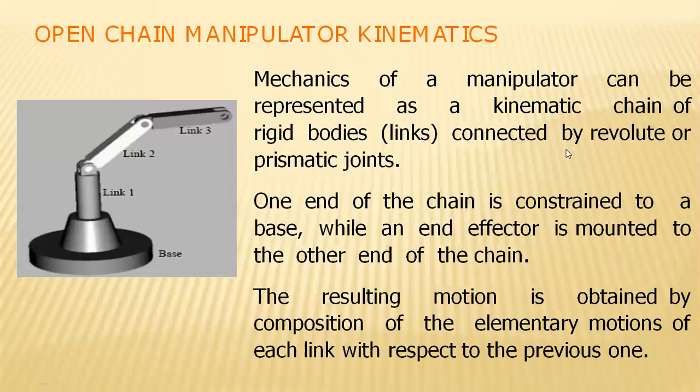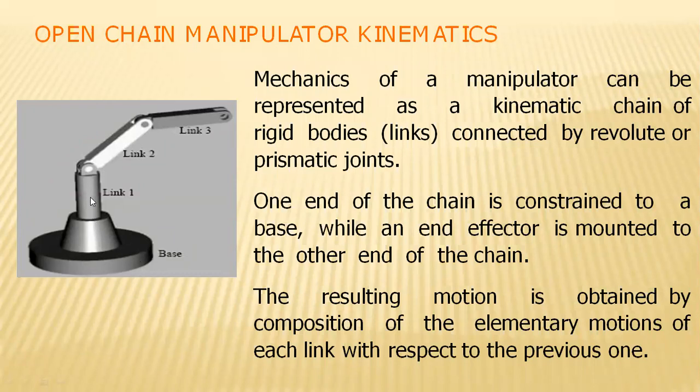The mechanism of a manipulator is represented by its links, either by revolute or prismatic positions. And it consists of an end with respect to the base, and we need to calculate the position of the end effector, which is attached to link 3, with respect to the base frame. This is the base frame, or it's on a fixed axis.